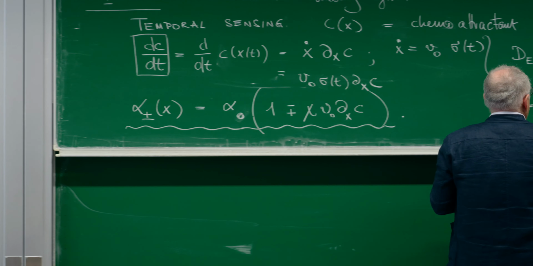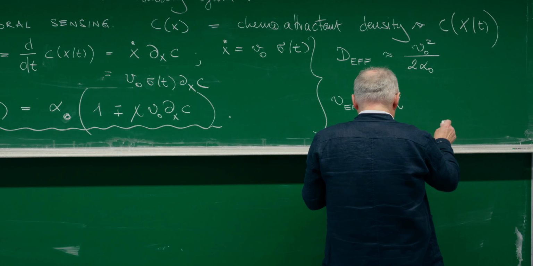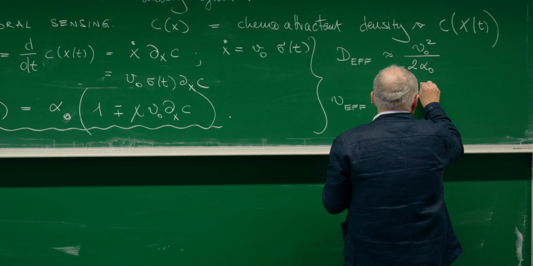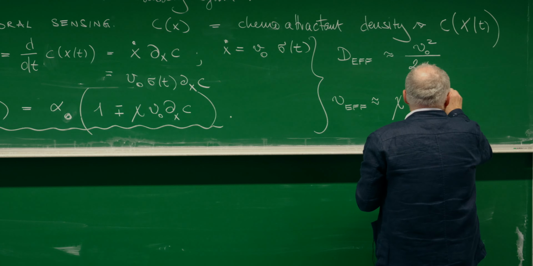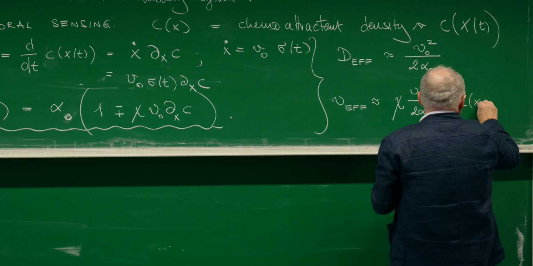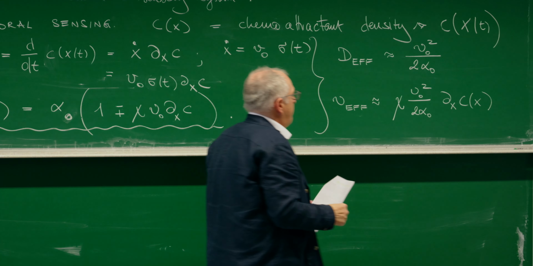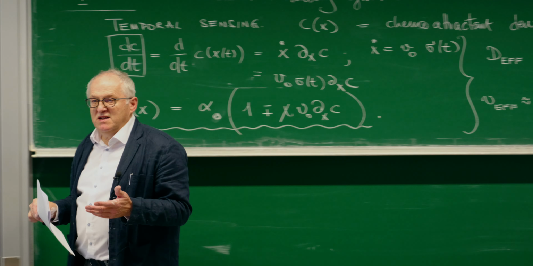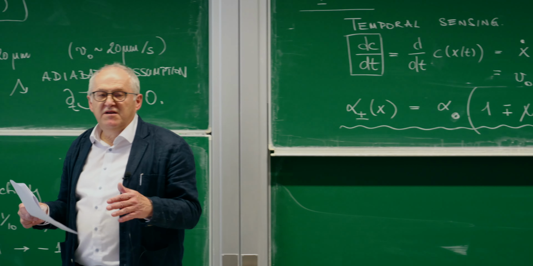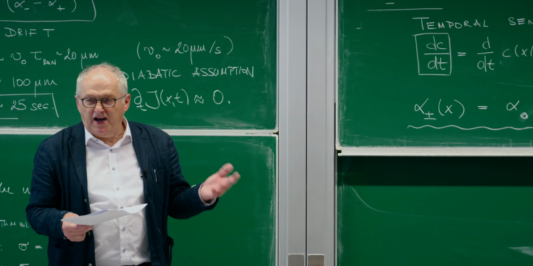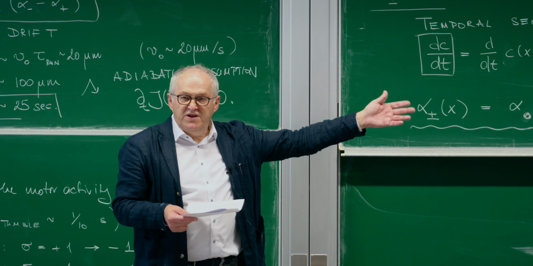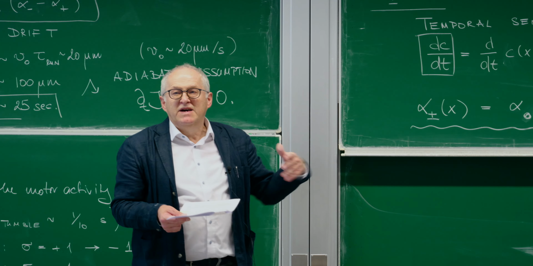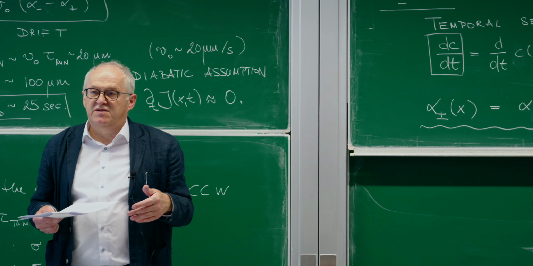And what you get is chi times v naught squared over 2 alpha naught times the gradient of c of x. And that's now a nice result, because it says the velocity is given by the sensitivity, this chi parameter, then the effective diffusion coefficient, v naught squared over 2 alpha naught, times the gradient of the concentration.